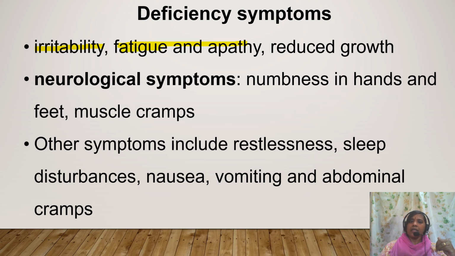Whereas apathy is a continuation of the fatigue, the tiredness. Because of lack of energy, a lack of feeling or interest, or a kind of demotivated feeling will be there because of low energy metabolism. So these are irritability, fatigue and apathy due to the lack of coenzyme A, and reduced growth is also observed.